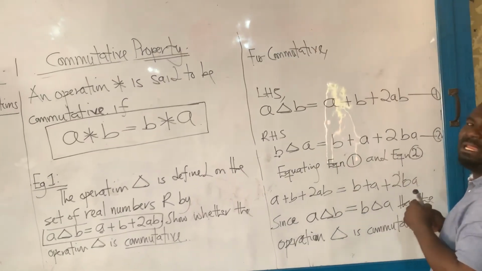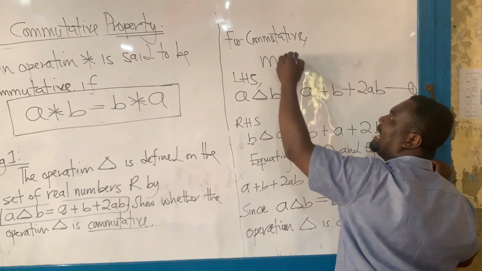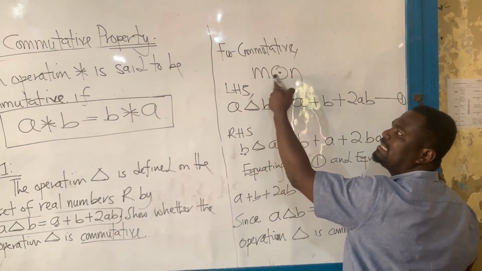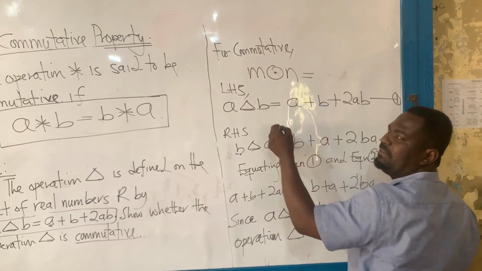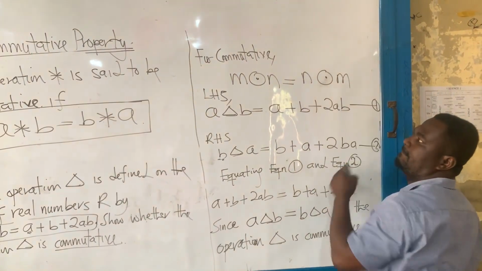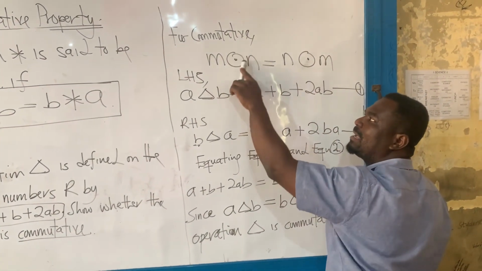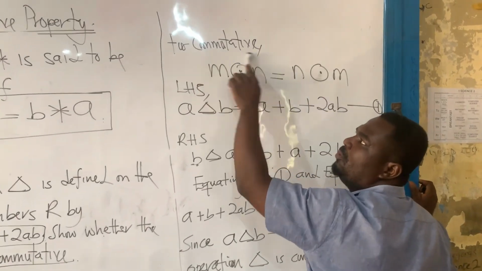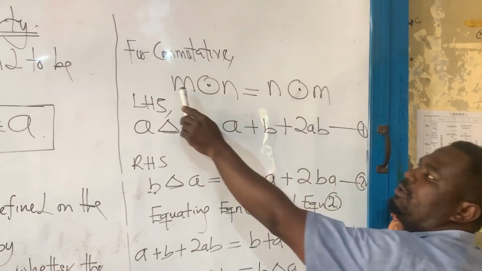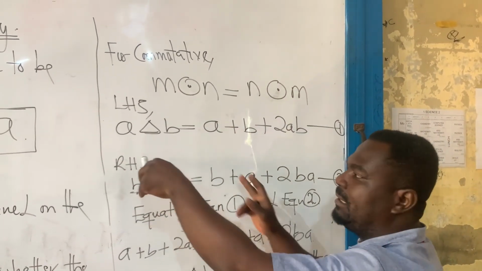Okay, watch it. If it happens that we were using two real numbers, say M and N, with M circle N, for M circle N to be commutative, it's supposed to be N circle M. Are you getting the idea? Good. Then you solve for the left.